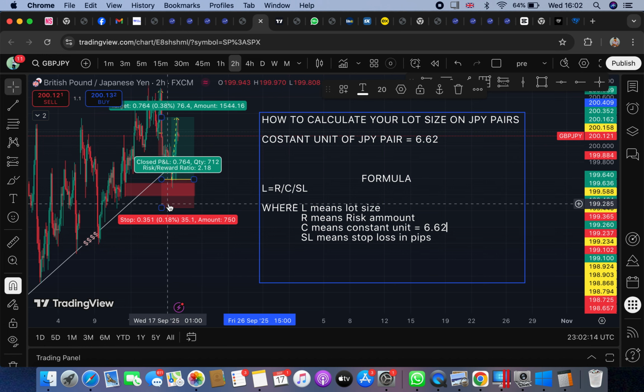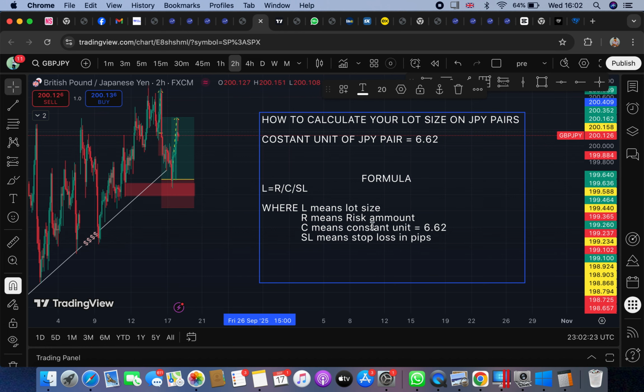If you bring it further, it will increase; if you move it up, it will reduce. So SL equals 35.1, our stop loss in pips.